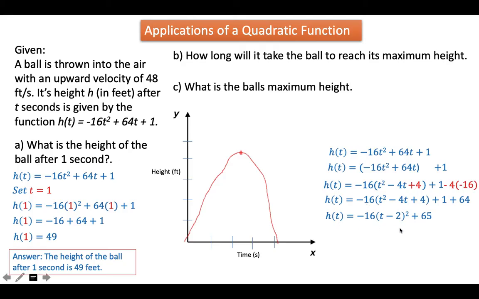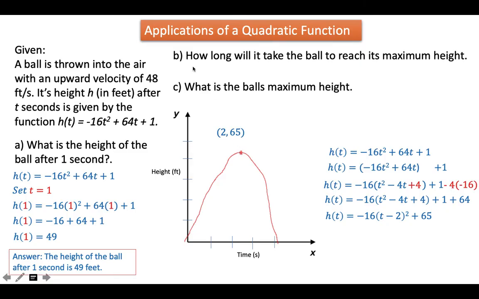So it is now in a vertex form of quadratic function, wherein we can get easily the vertex, which is (2, 65). Here we go. So this point here, this is the vertex represented by this coordinate (2, 65), wherein this 2 here is the time, and this 65 is the maximum height.